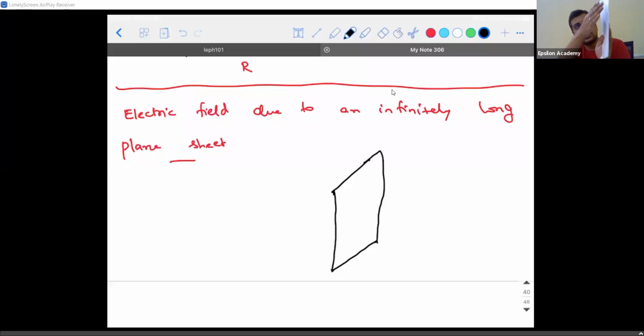If those letters are uniformly distributed from each other, I will call it a uniform charge distribution. Now our work is to find the electric field due to this kind of a system at a distance r from it. So from here, if I take a distance r, what is going to be the electric field at this point? Similarly, what is going to be the electric field on the other side as well?